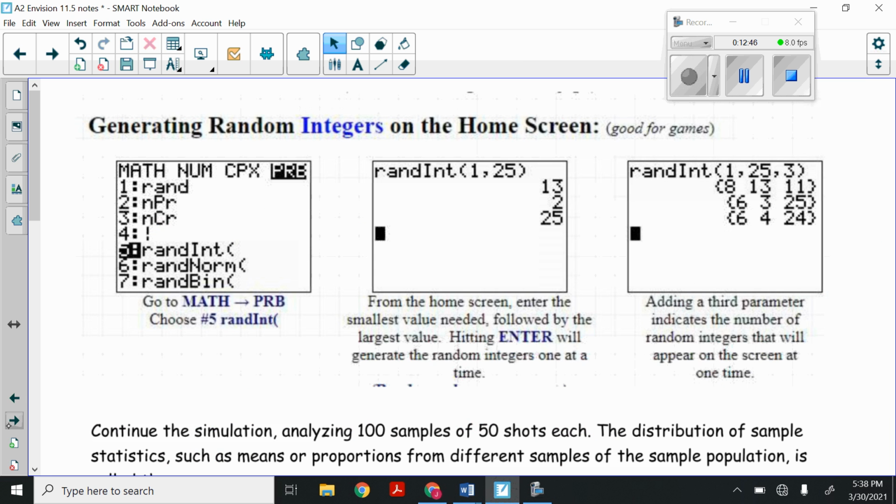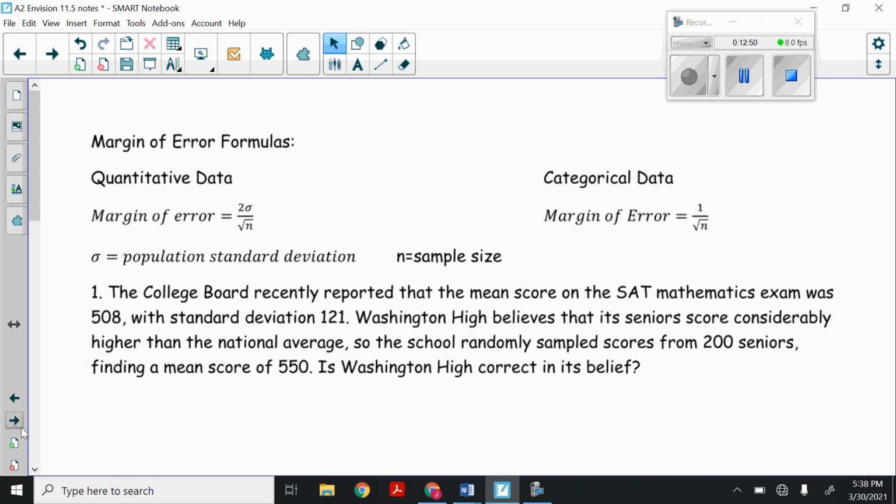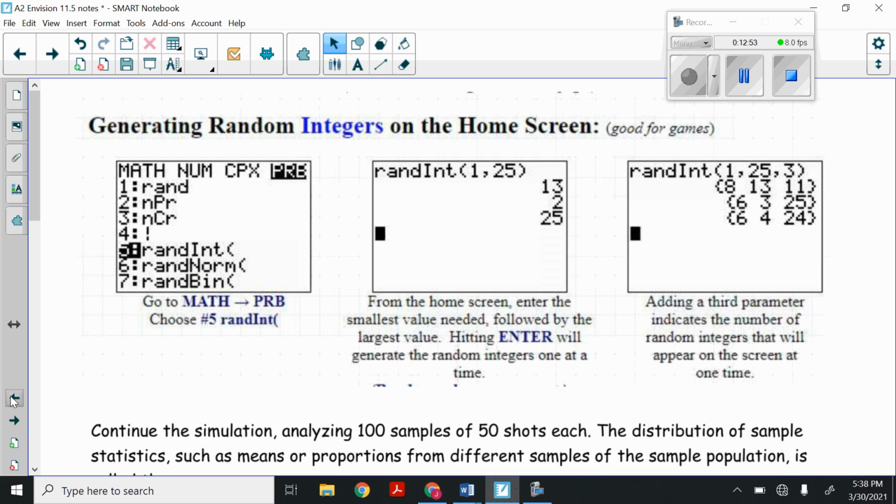At the top of the next page, I'm just showing you how you can get your calculator to be a random number generator. If we go over to the math button and go to probability, and then number 5, random, the INT stands for integers. Then tell it the smallest value you want and the largest value.